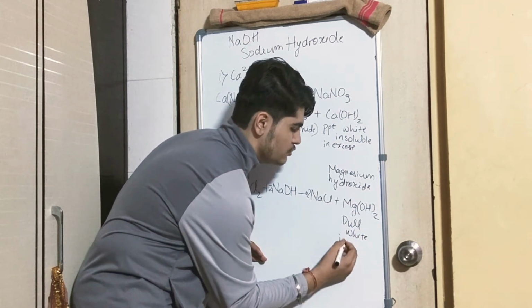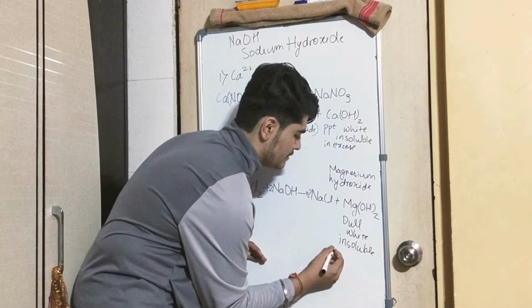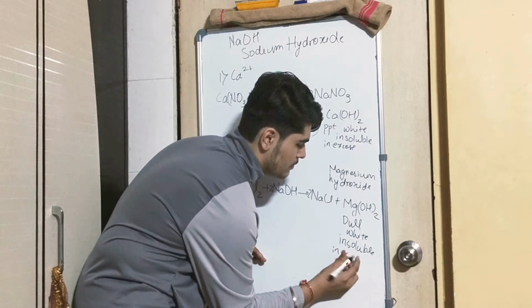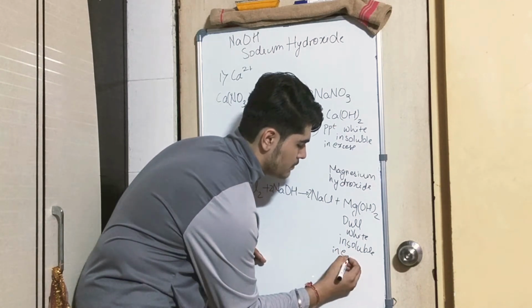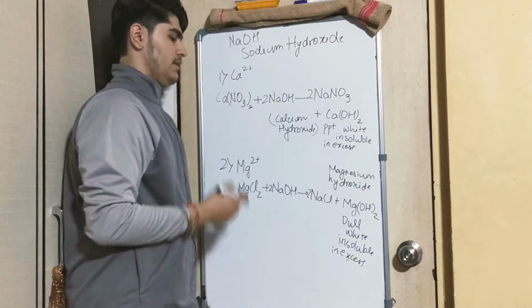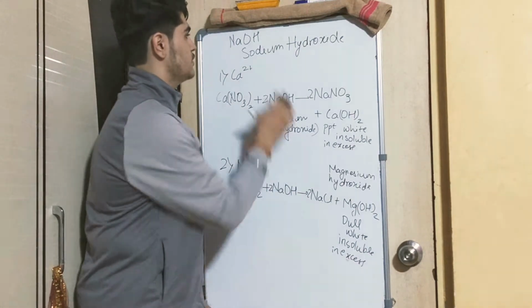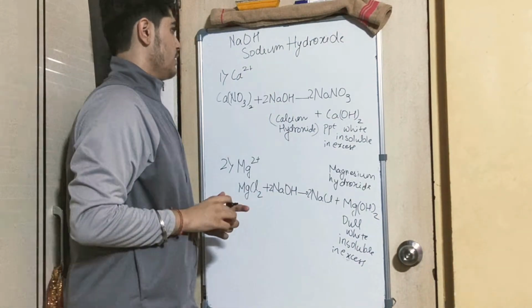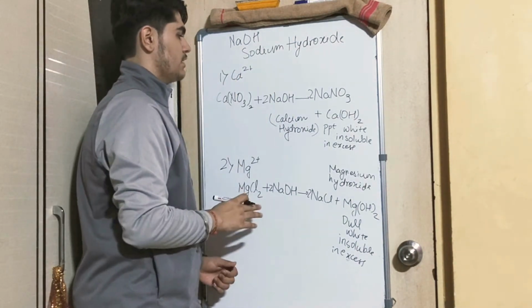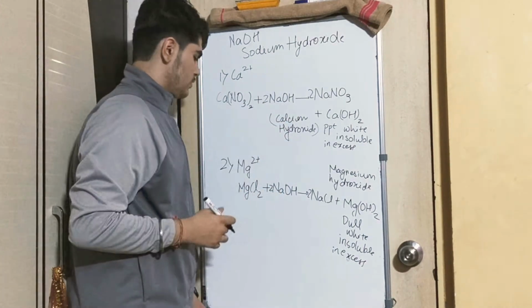It is insoluble in excess of NaOH. Again, in excess of NaOH, not in excess of water, in excess of NaOH. Okay, these all are the reactions, and we are going to do more with NaOH. So copy it down.